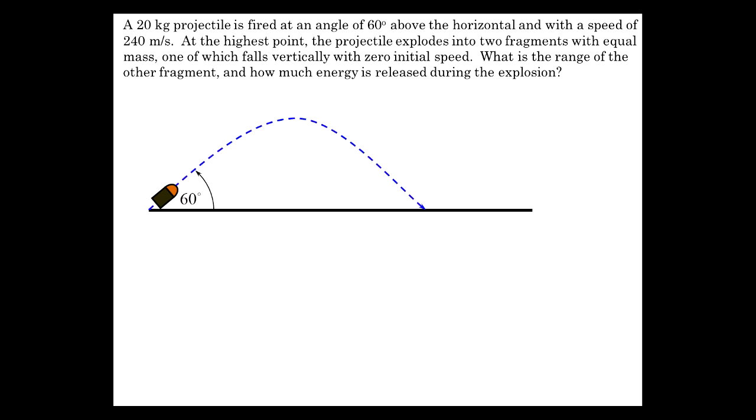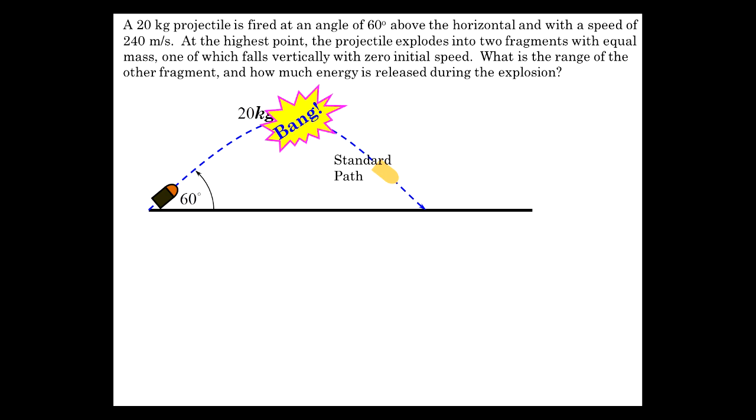Let's do a momentum problem where we start with a 20 kilogram projectile fired at a 60-degree angle at 240 meters per second. So it's going to follow this parabolic path, supposedly, except when it gets to the top of its flight, this 20 kilogram mass, which would normally follow this standard path as shown here, is going to explode.